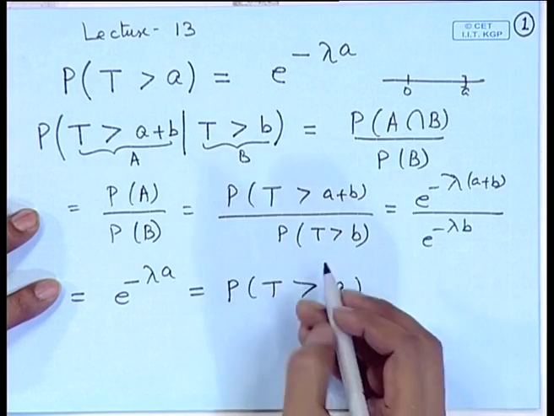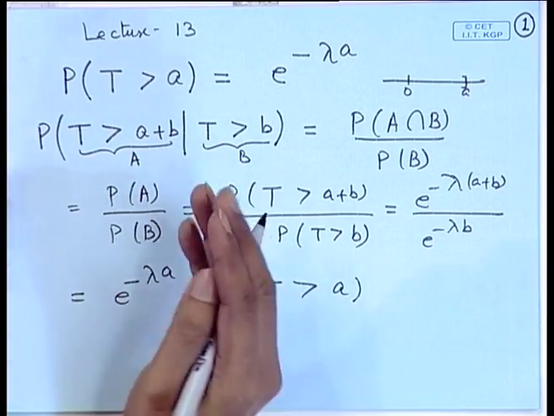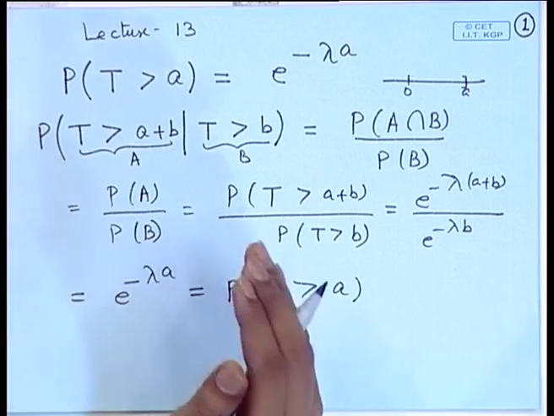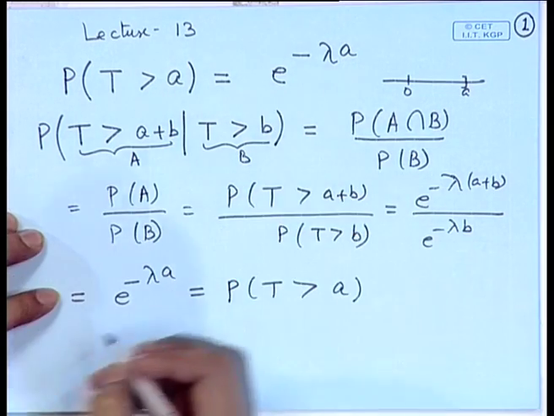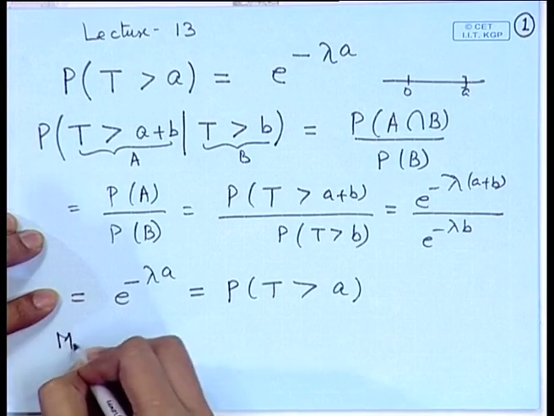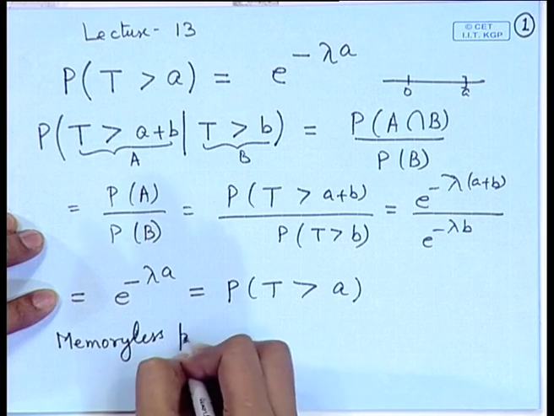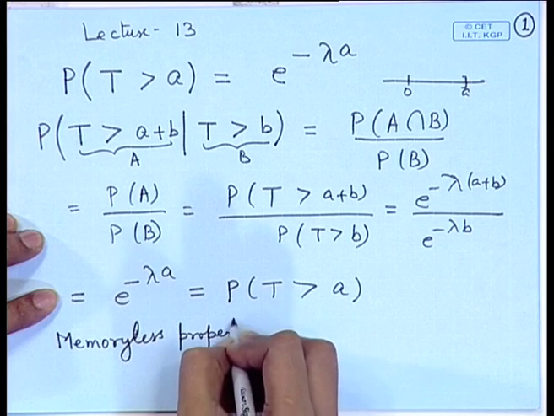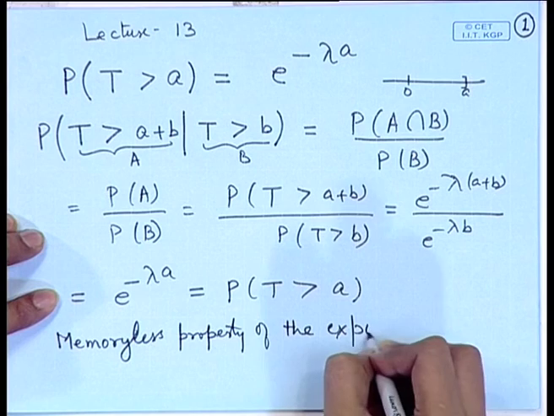That means, if we are considering the waiting time for a certain thing, then the probability of waiting for an additional time is the same irrespective of the starting point. So, like the geometric distribution, this is called the memoryless property of the exponential distribution.